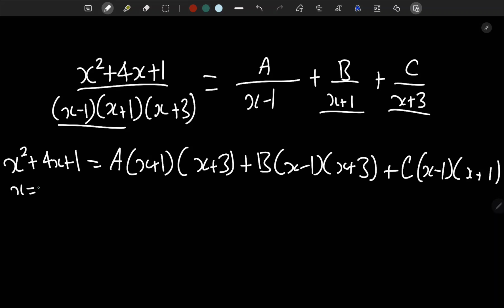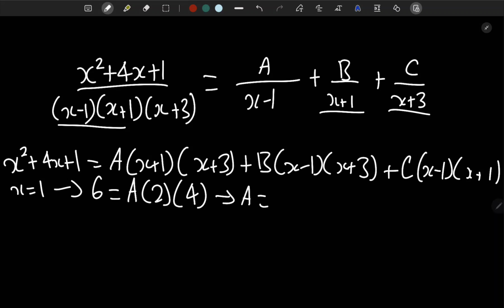When x is equal to 1, we will get 6 is equal to, and these two are going to be 0 because x minus 1 is here and x minus 1 is over here. So 6 is equal to a into 2 into 4, and a is going to be 6 over 8, and that's 3 over 4.